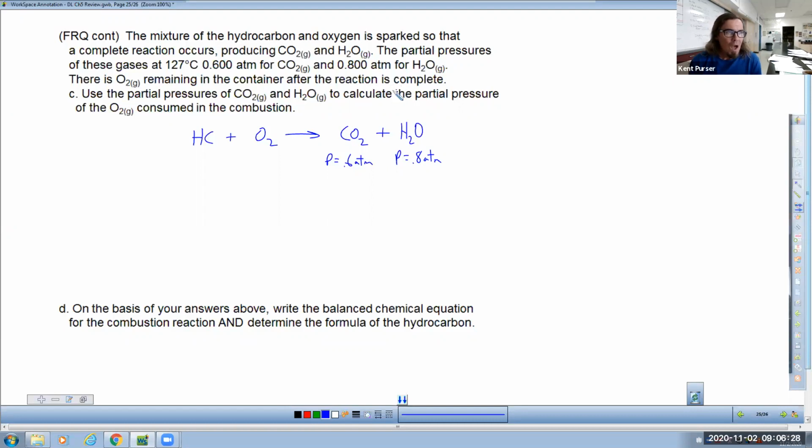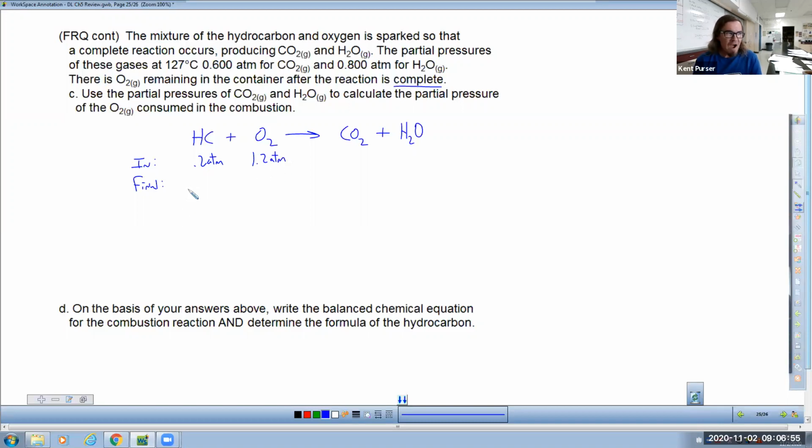Okay, so I'm assuming that the fact that they tell me that the reaction is complete tells me that we completely burn the hydrocarbon. So what I'm actually going to do is rewrite this the way second semester is going to look. We're going to say initial and we're going to say final. Initially we were at 0.2 atmospheres of this and 1.2 atmospheres of this.